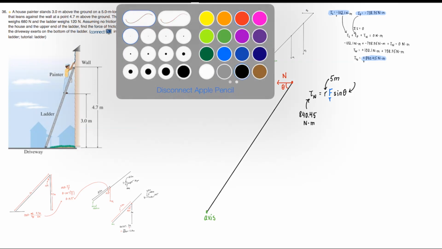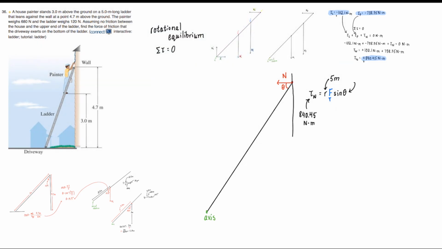Now I'm going to draw in the wall that this ladder is propped up against. And recall that the angle between the ladder and the wall is 19.9 degrees. Because the ladder and the normal force are perpendicular to one another, if I extend the normal force line out here, they form a 90-degree angle.